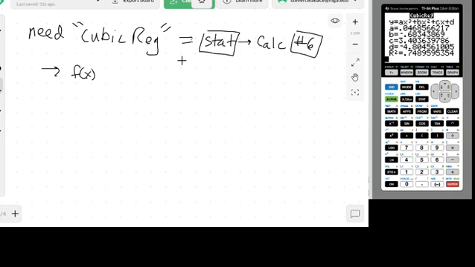Okay, here f of x is roughly 0.047x cubed minus 0.683x squared plus 3.404x, and then minus 4.805. Okay, the r squared value is about 0.74.